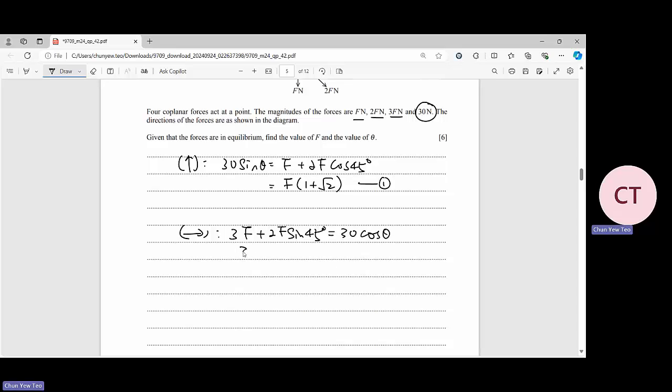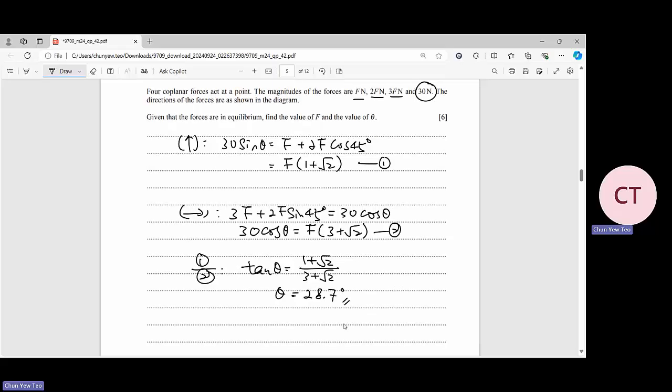So we can write this one as 30 cos theta is equal to F(3 + √2). That will be your second equation. Taking the first equation divided by the second equation, you will have tan theta is equal to (1 + √2) divided by (3 + √2). Okay.